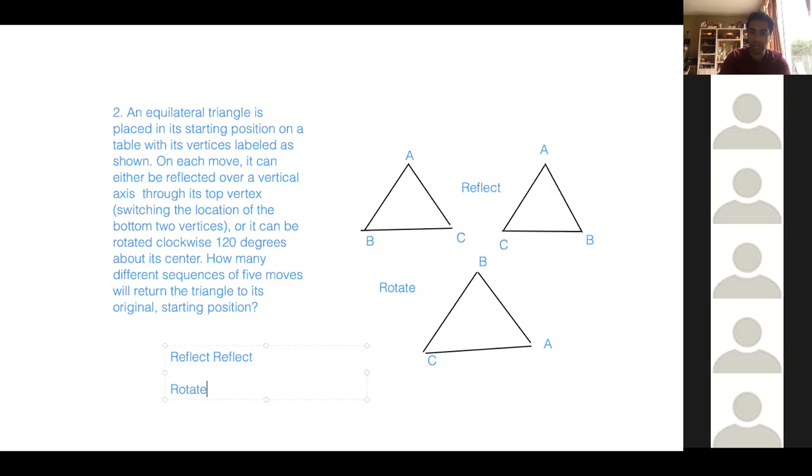What about with a rotate? Three times, good. So if I have 3 rotations, I'll reach back the original. So we want a sequence of 5 moves that reaches the original. What are some possible sequences?